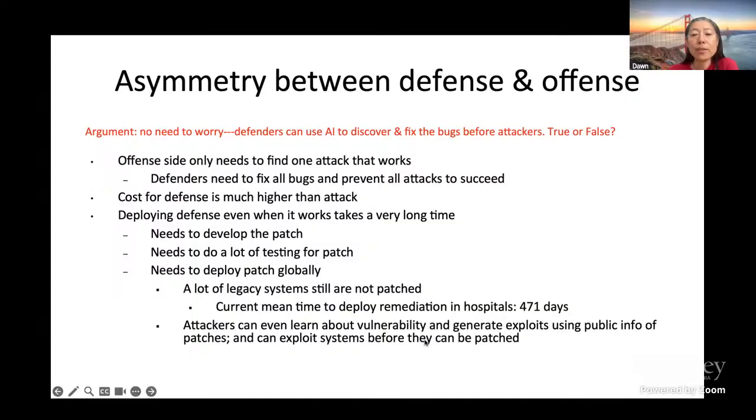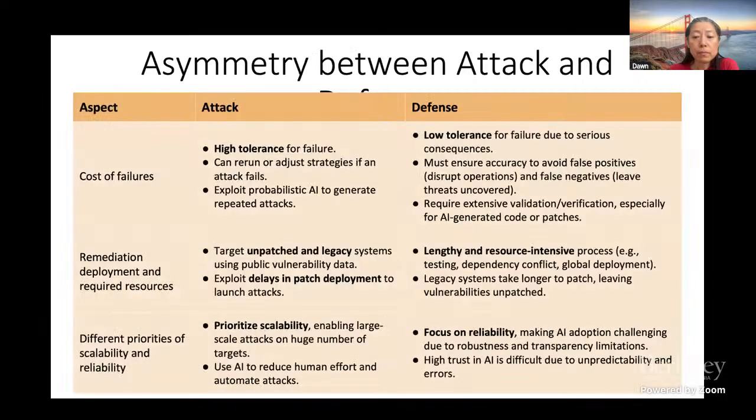So attackers don't even need to find zero-days themselves. They can just take public patches to generate exploits and exploit the systems that haven't been patched. This is just one example of asymmetry between attacks and defense.